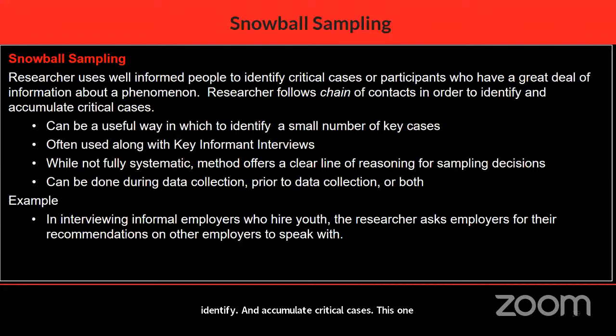This one can be very useful to identify a small number of key cases, often used along with key informant interviews. And while not fully systematic, the method offers a clear line of reasoning for sampling decisions. And this can be done during data collection or prior to data collection, or both.